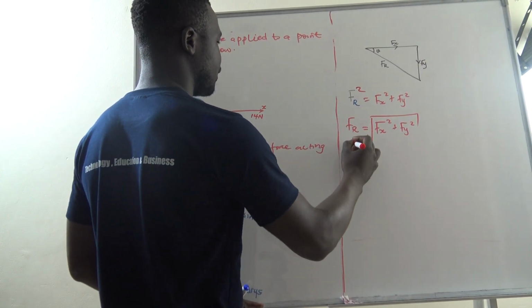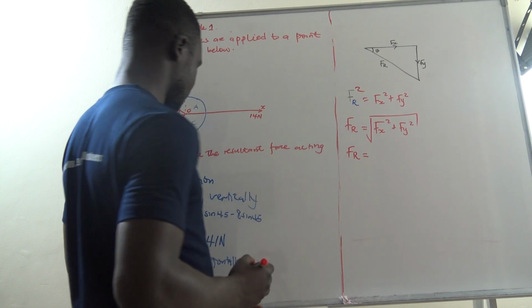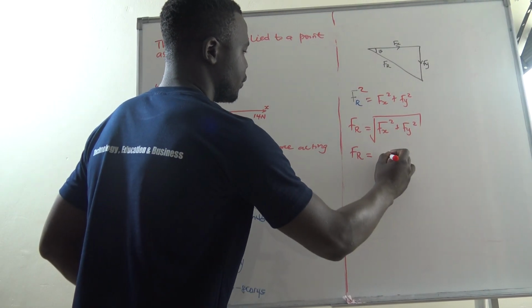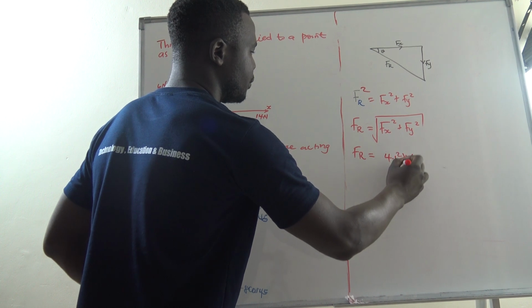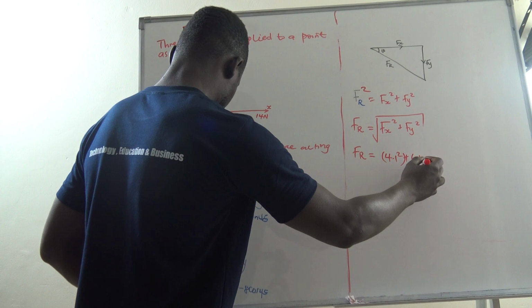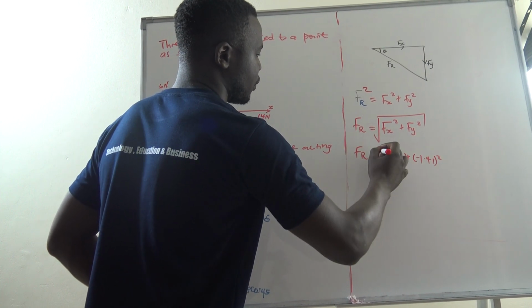Therefore, my resultant force is equal to the root of 4.1 squared plus (minus 1.41) squared.